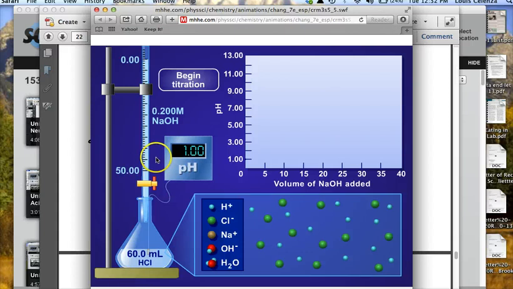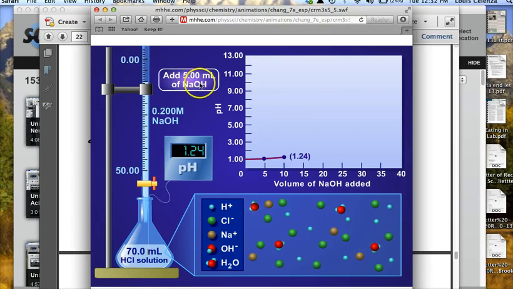Click on the button to begin the titration. Choose to add NaOH to HCl in 5.00 milliliter increments. Note that hydrogen ions H plus from the acid combine with hydroxide ions OH minus from the base to produce water.